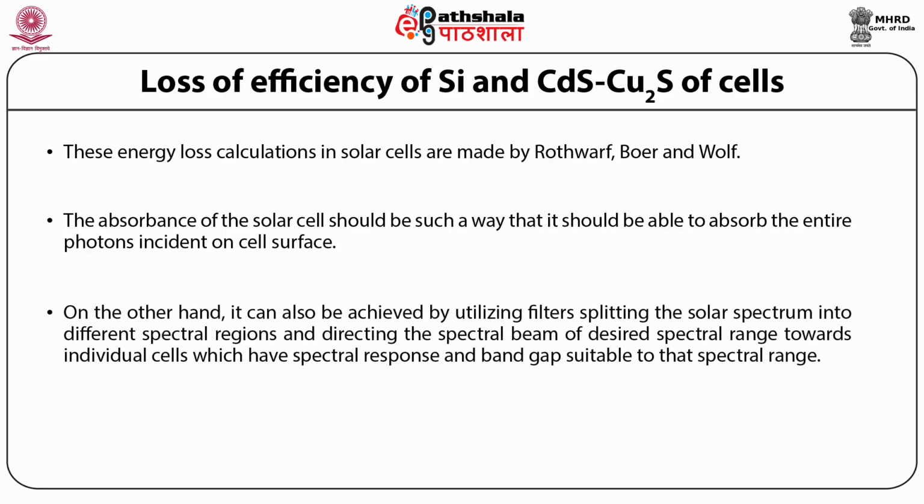On the other hand, it can also be achieved by utilizing filters, splitting the solar spectrum into different spectral regions and directing the spectral beam of desired range towards the individual cells whose band gap is suitable to that spectral range.